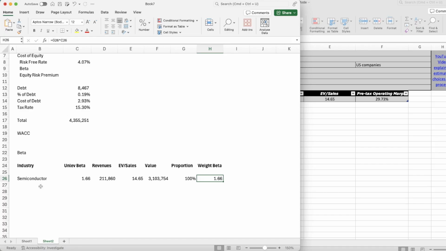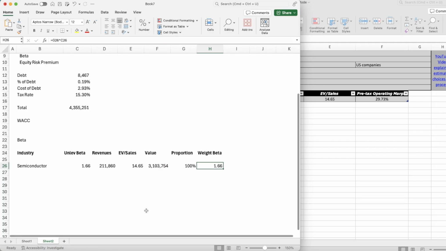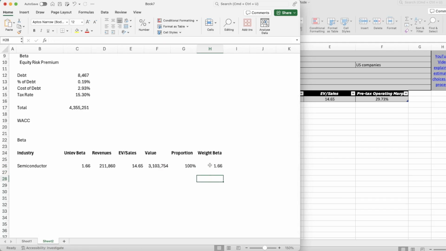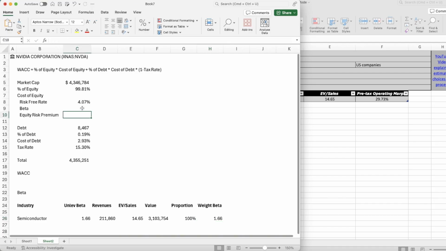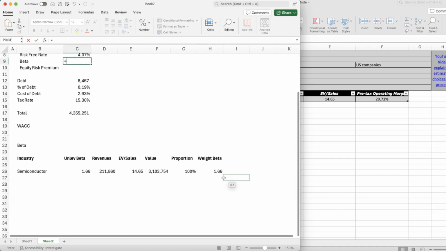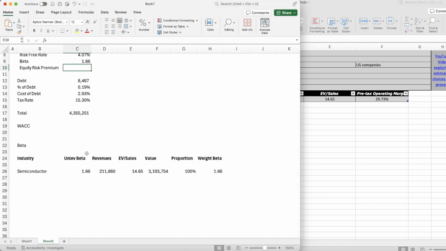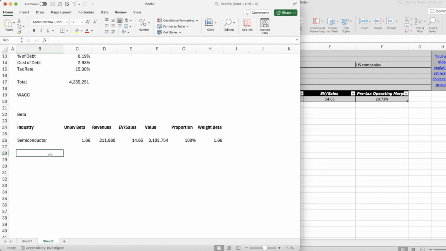In a future evaluation, I'll find one that has multiple of these so that we can break that down. So the weighted beta is 1.66. There we go.